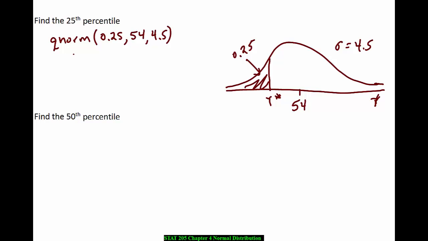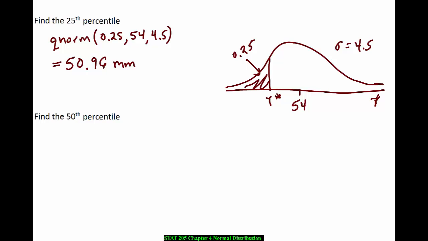And again, this is a value in the distribution of herring lengths, so it gets units. So a fish that is 50.96 millimeters long is in the 25th percentile for lengths.